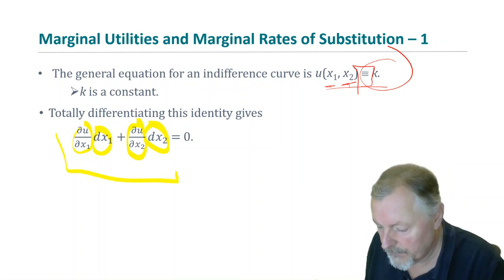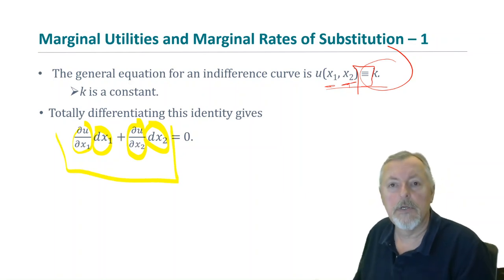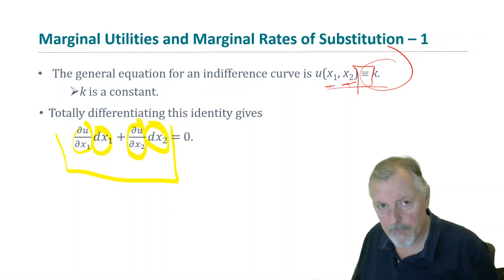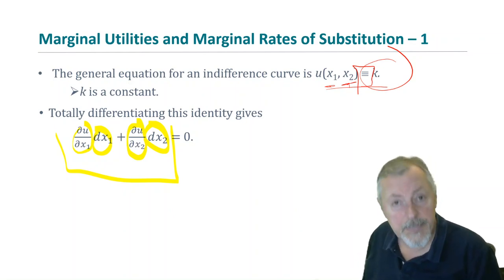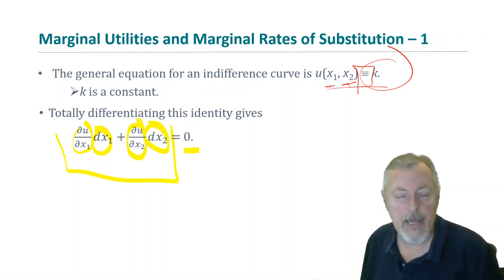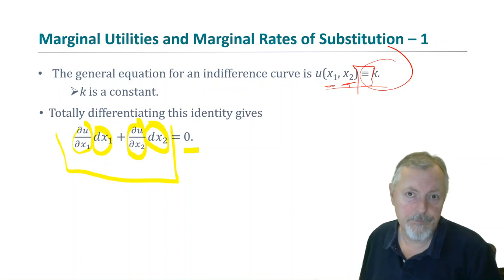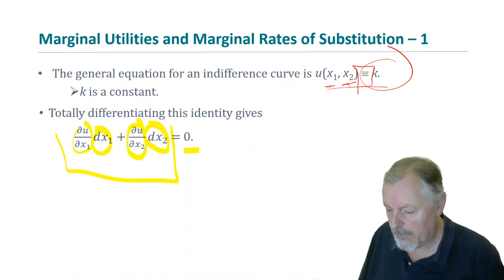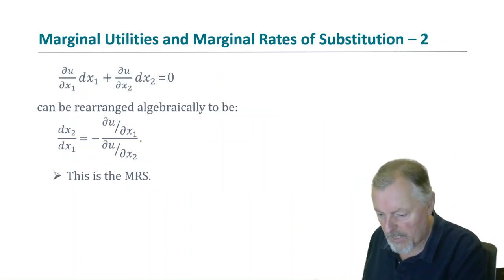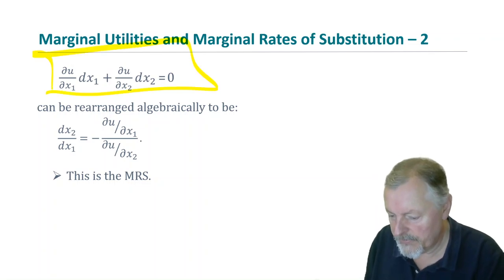So this is the total change in utility. Well, if you're on an indifference curve, that has to be 0. So they have the same utility, which is what we see there.